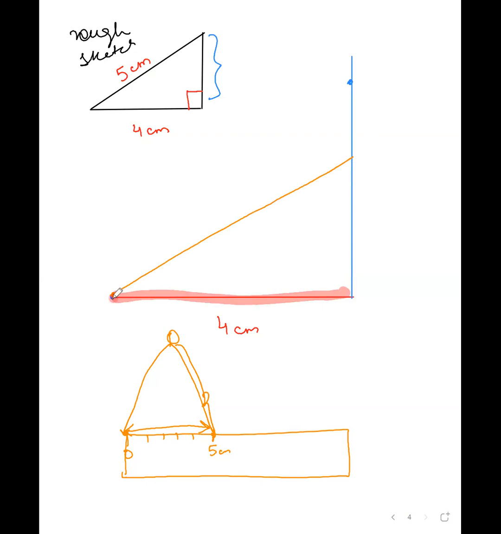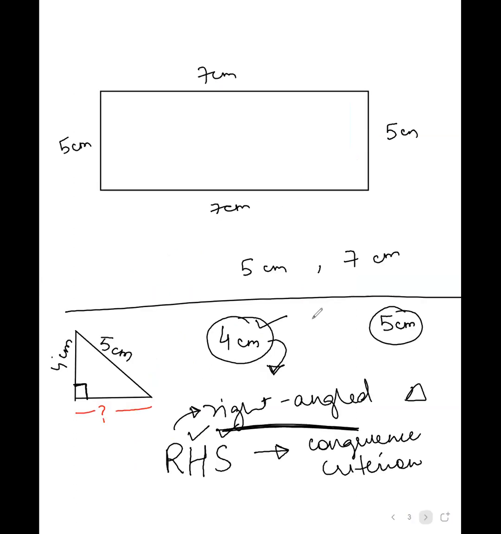And to make this triangle, you needed only 3 things. What were the 3 things? The right angle, the hypotenuse, and the side. So this is called the RHS congruence criteria. Similarly, there are many congruence criteria.